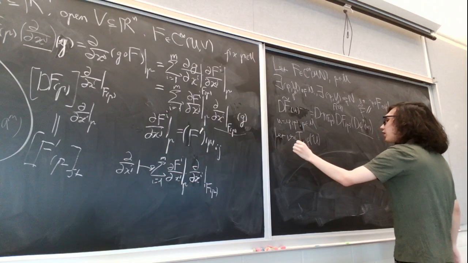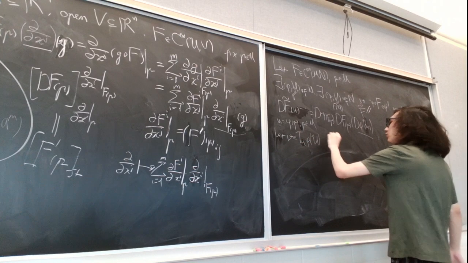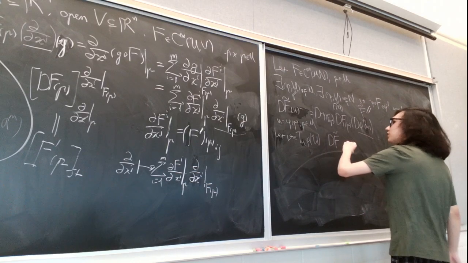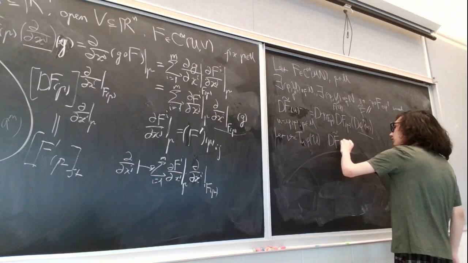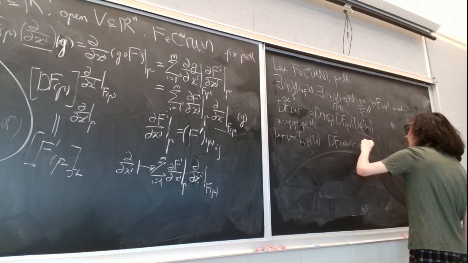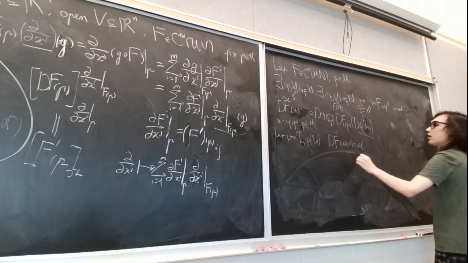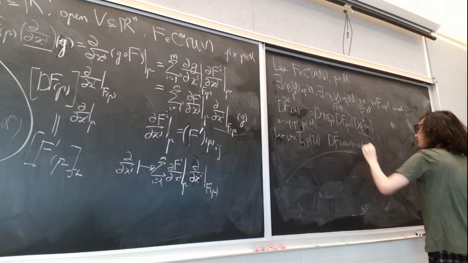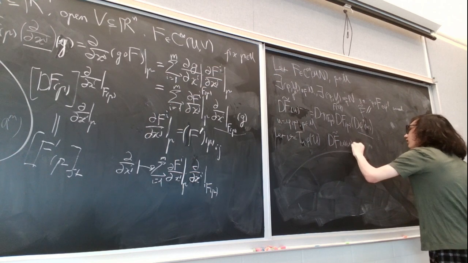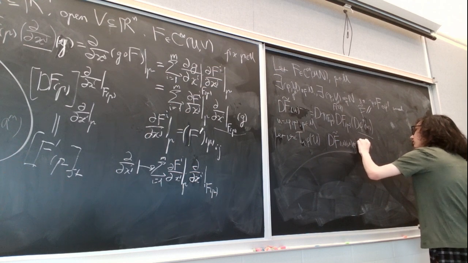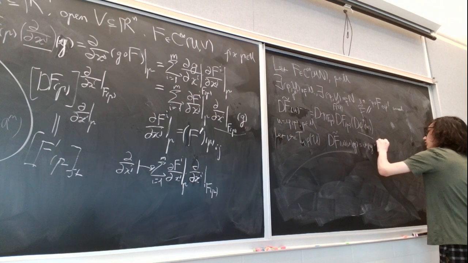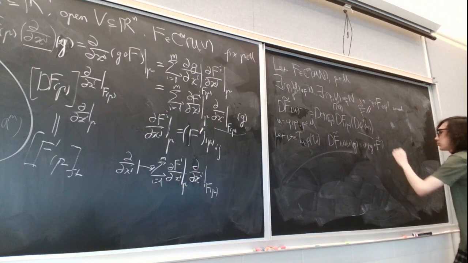So we pick a vector v and apply d f tilde at u to v, and this is equal to v of some function. It would be good to write that function down, g. Applied to v, this is the pullback of g by f tilde, by definition.